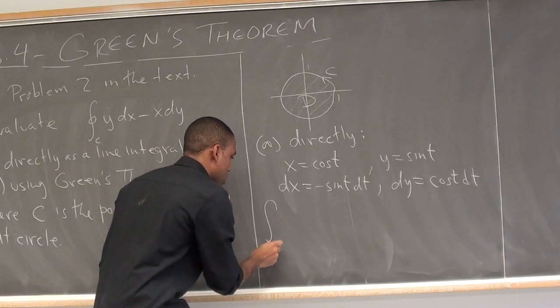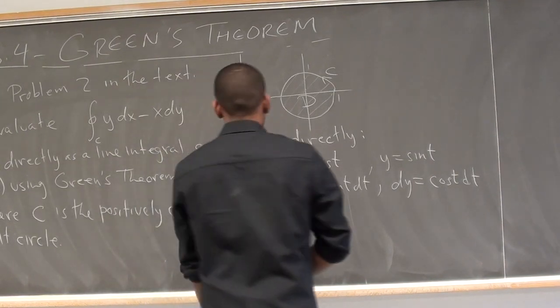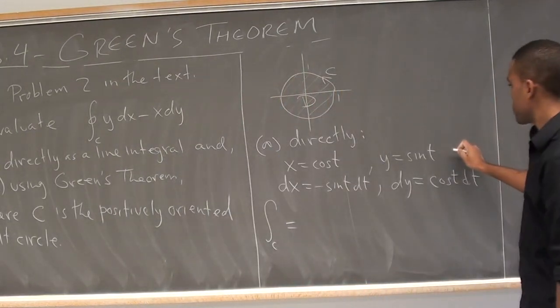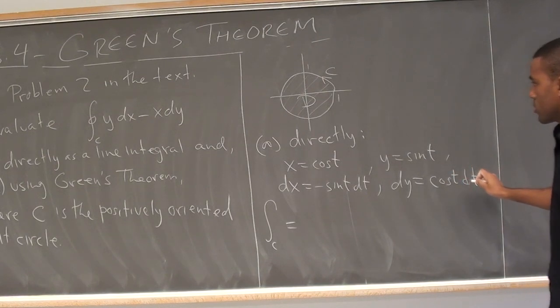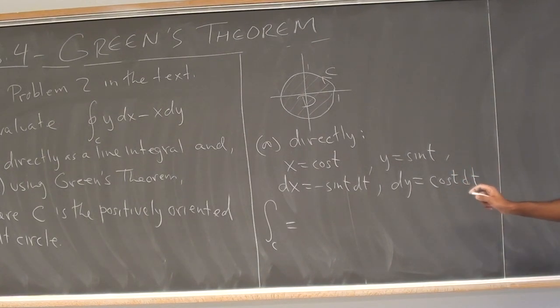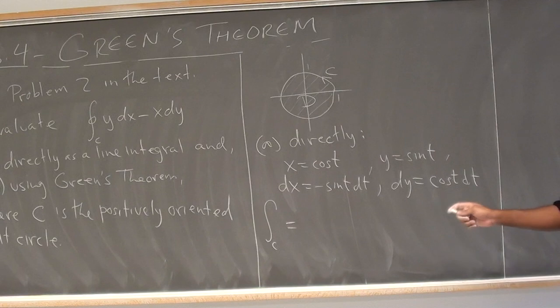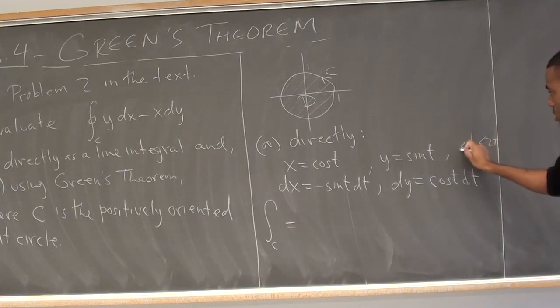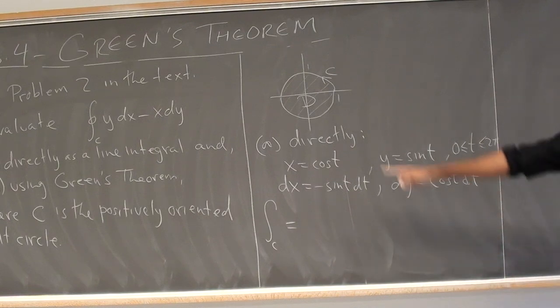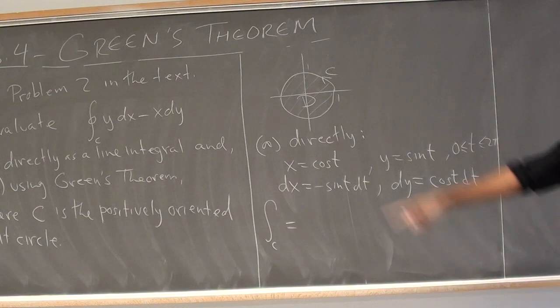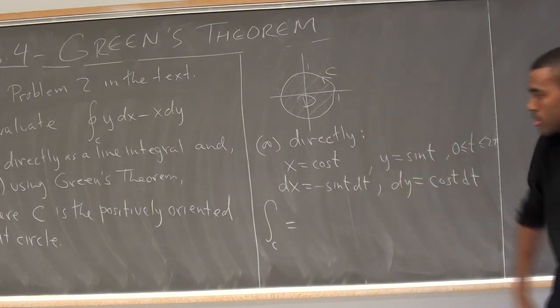And so the line integral over C is equal to what? What are the limits? Zero to 2 pi, it's the full circle. So let x be this, y be this. Those are your limits. That's dx, that's dy. Now you just go back to that guy and you plug in all the pieces.